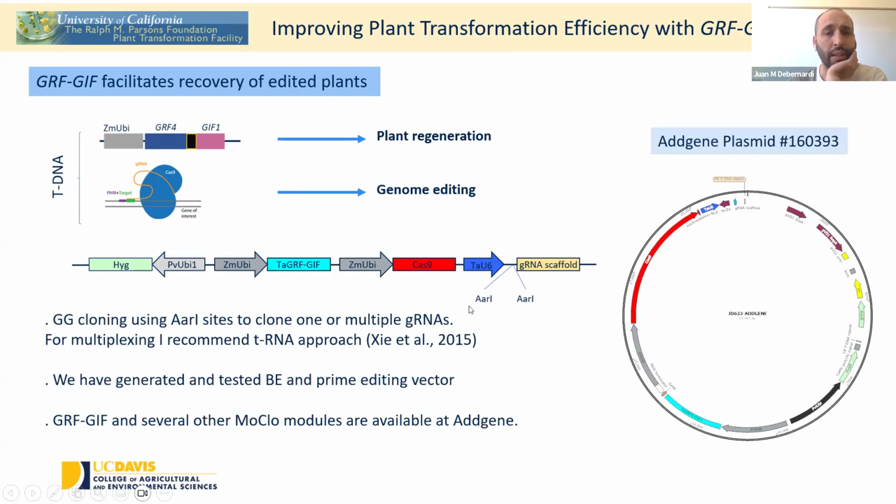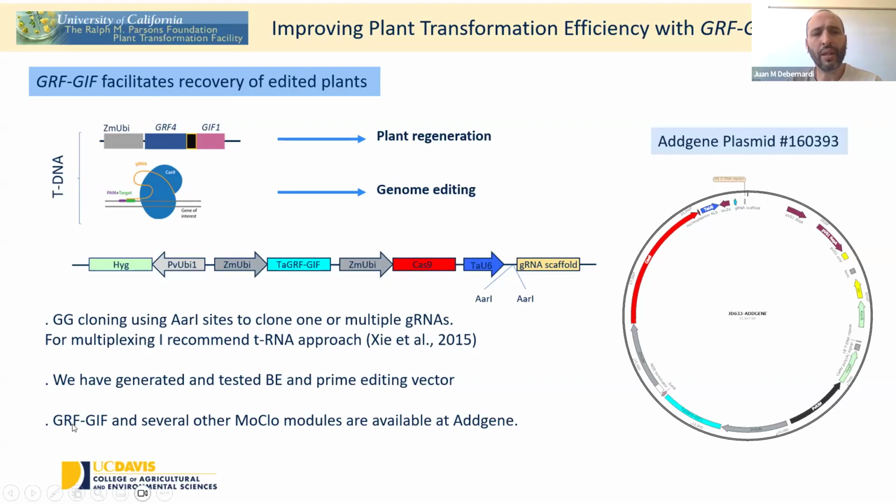Guide RNAs can be cloned as single or multiple guide RNAs, and here I recommend the tRNA approach. In the previous talk, we also saw that the tRNA approach was used for multiplexing. That approach, in my hands, works very well in multiple species that we transform in the transformation facility. So this vector is available in Addgene.